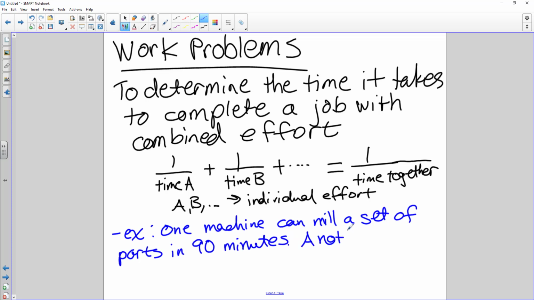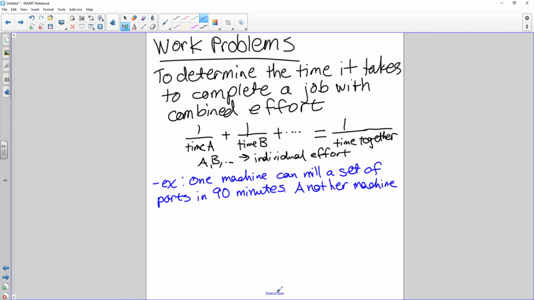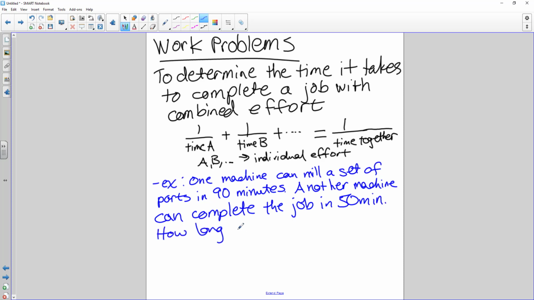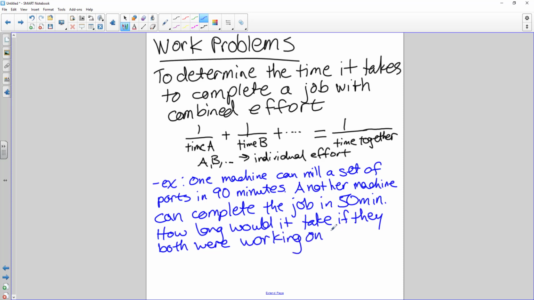Another machine can complete the job in 50 minutes. How long would it take if they both were working on the parts?